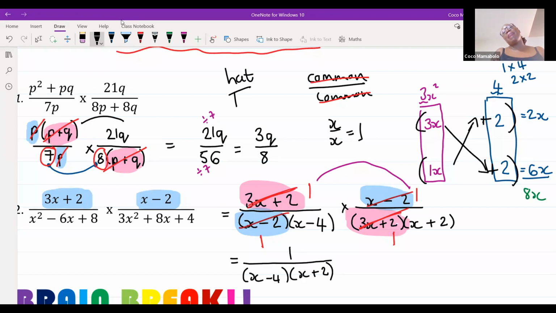Hat divided by hat is equal to 1. Dog divided by dog, Matteo, what is dog divided by dog? It's 1. So if we divide anything that looks exactly like itself by itself, it's equal to 1.